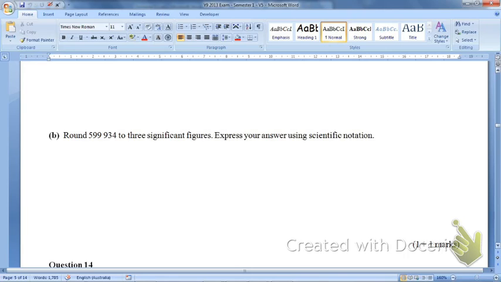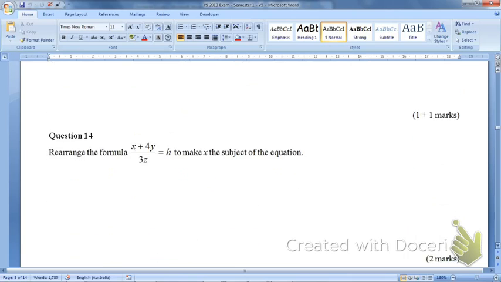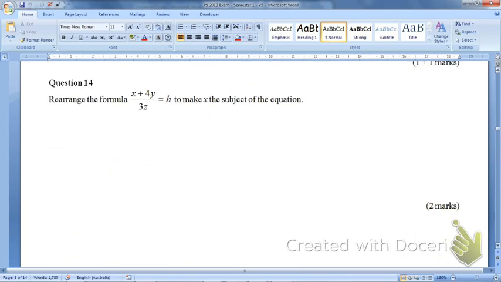Question 14. Rearrange the formula to make X the subject. So X is here. Also on the top line with X is 4Y. Finally, we get 3Z. 3Z is dividing to start with, so we have to multiply.